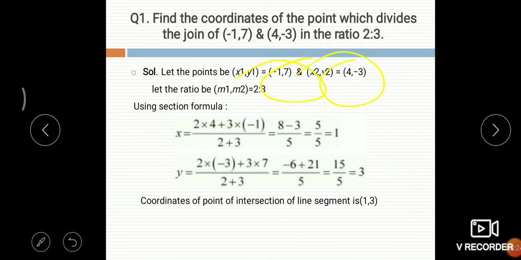And to calculate the y ordinate, we will be using only the y points, m1 into y2. You can see here we have substituted y2 and y1 correspondingly. So I got the point (1, 3).